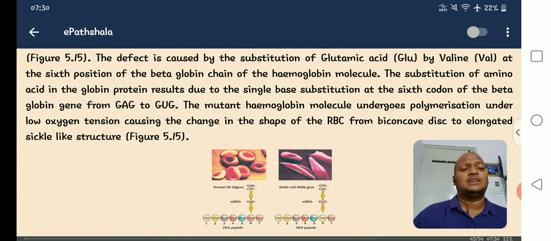Whenever the RBC shape changes, the oxygen binding affinity with hemoglobin decreases, so less oxyhemoglobin is formed. Understood or not? Very important for PU purpose as well as objective purpose.